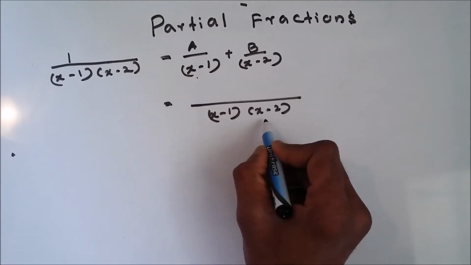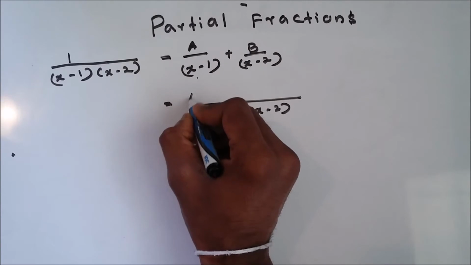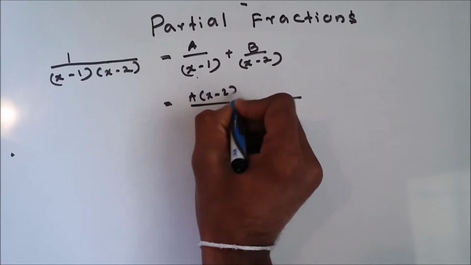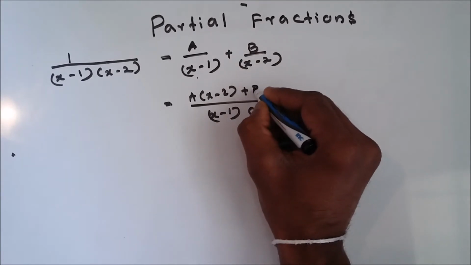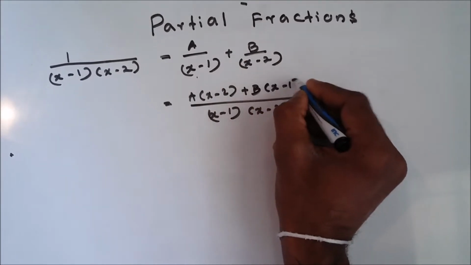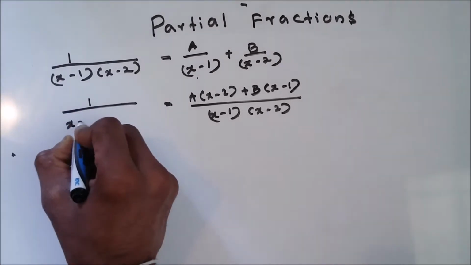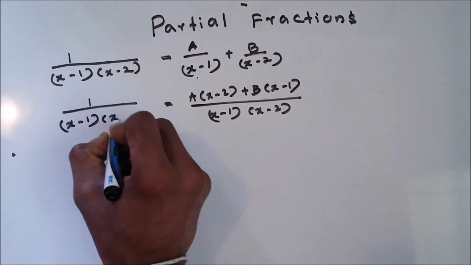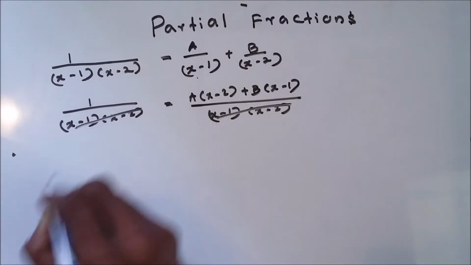Here, not (x minus 2), so I multiply A by (x minus 2), A(x minus 2) plus, here not (x minus 1), so I multiply B by (x minus 1). This side is (x minus 1) into (x minus 2). Then we can remove these.